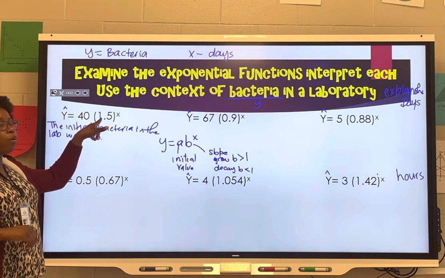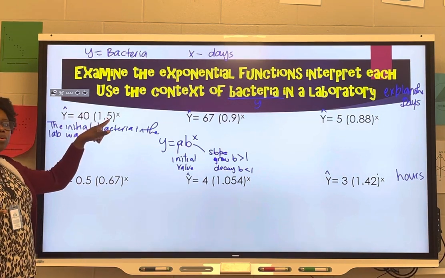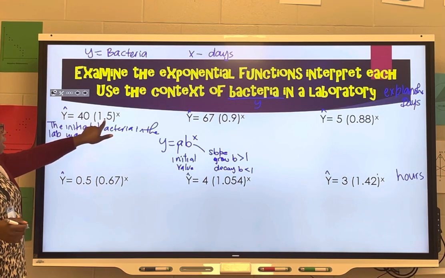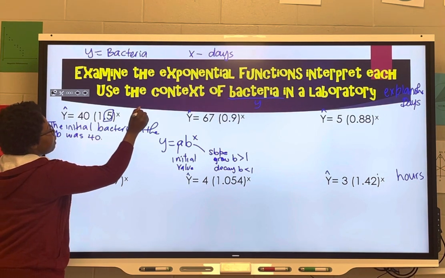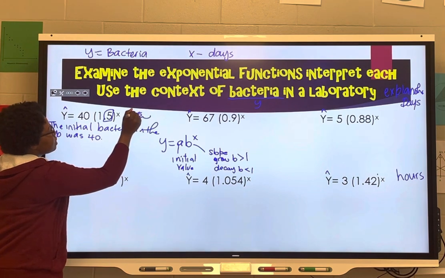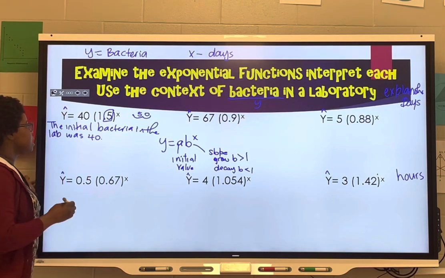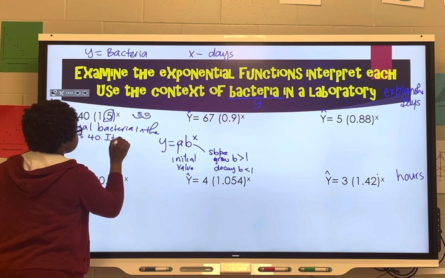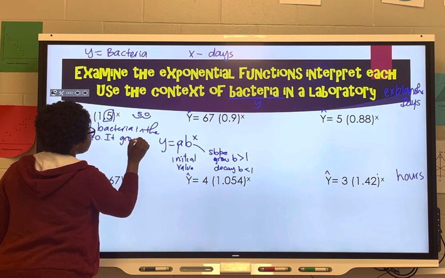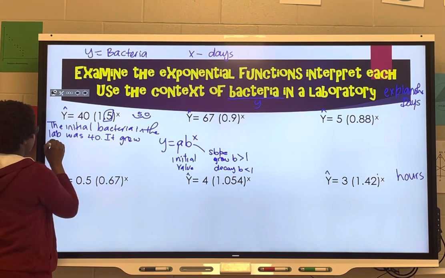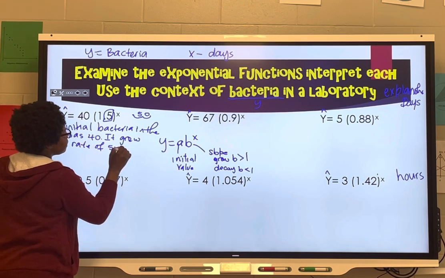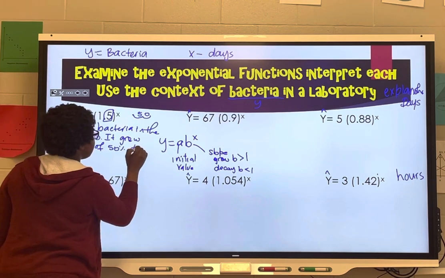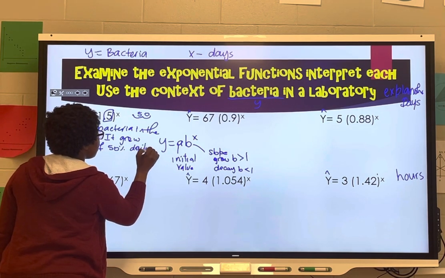And since that is a 1.5, we know it grew. It grew by 1.5, convert this to a percent. So 0.5, you move 2 places to your right. So that's 50%. So we're going to say it grew at a rate of 50% daily. Right?